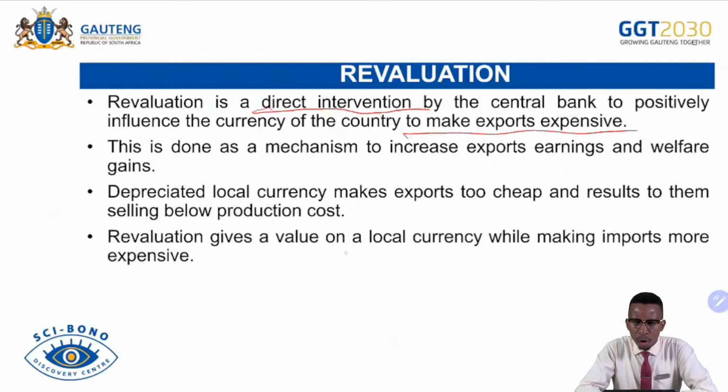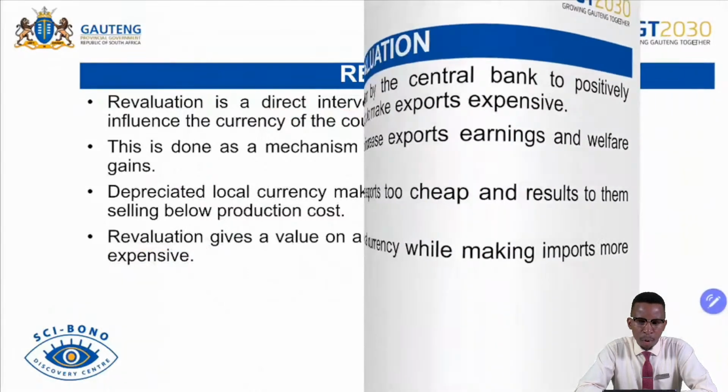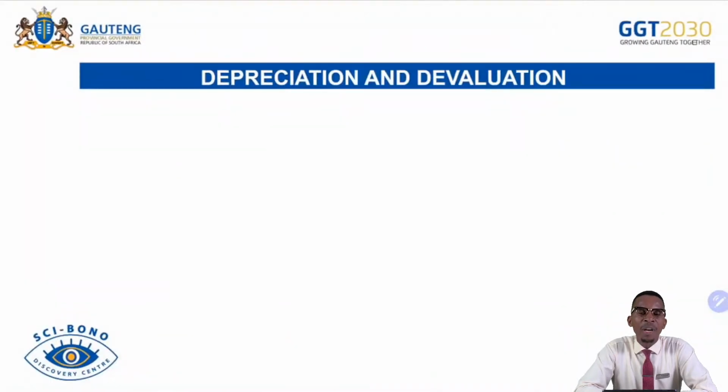Revaluation gives value to the local currency while making imports more expensive. So if ever our currency gains value, that will mean our exports will be expensive abroad, and then we'll be earning more export earnings from the global market, which will be giving us what we call a welfare gain, as the economic welfare will be improving.